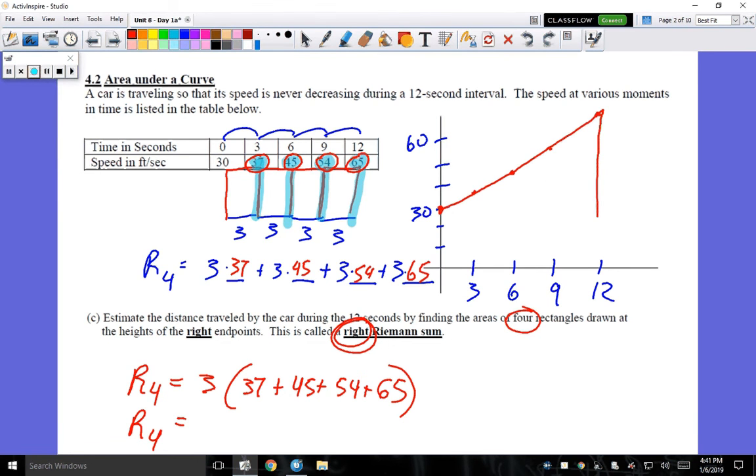So there's the graph, and because we are doing right Riemann sums, that means the right tip of each of these rectangles is going to hit the graph.